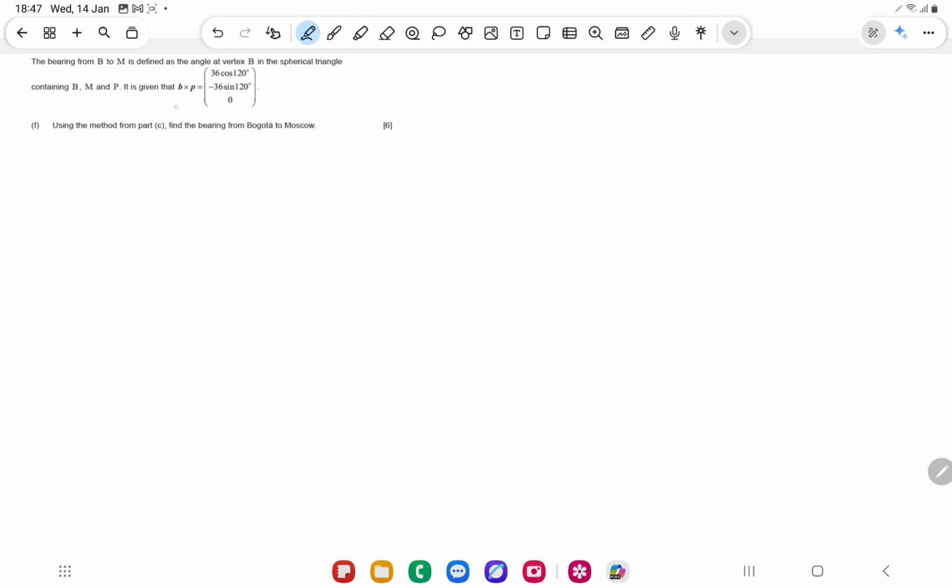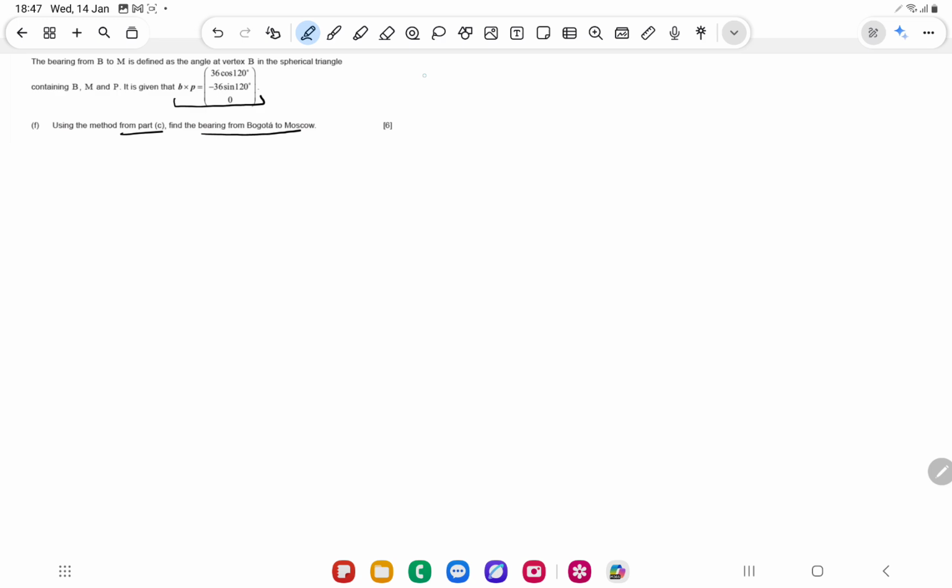Now in this part it says bearing from B to M is defined as the angle at vertex B in the spherical triangle containing B, M and P, and it is again given to us as B cross P value. So using the method we did in part C, we have to find the bearing from Bogota to Moscow.